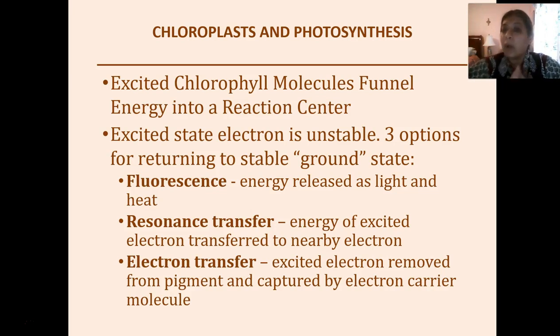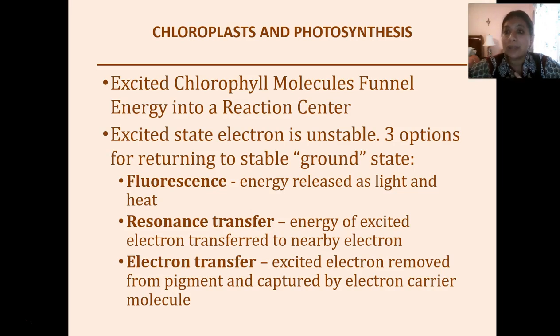Now, anytime an electron is in an excited state, it is usually unstable. And it has three different options for how it can get back to a more normalized or ground state of existence. One of them would be for that molecule to release its energy by fluorescing.